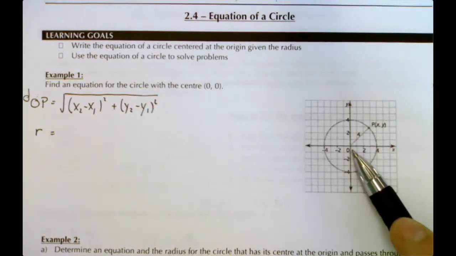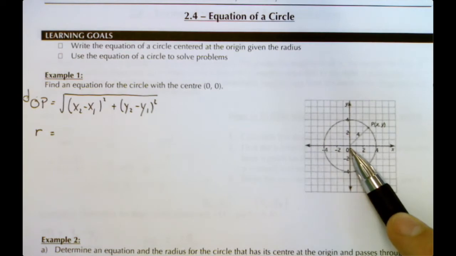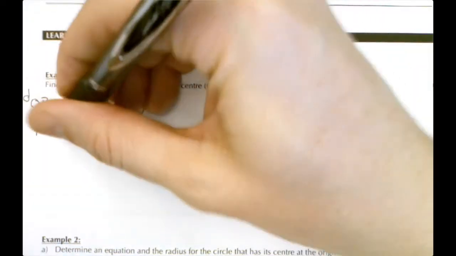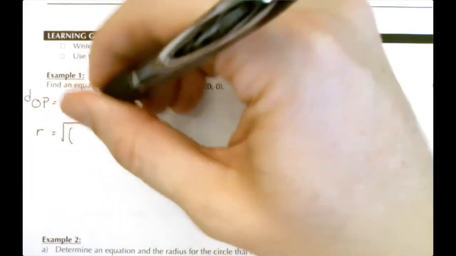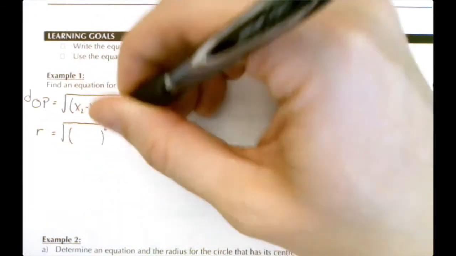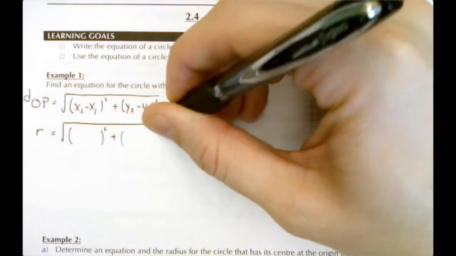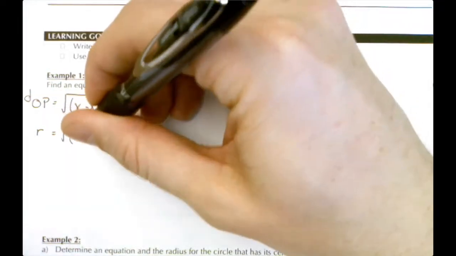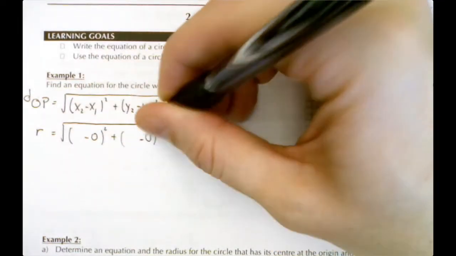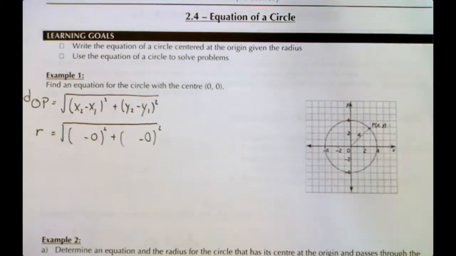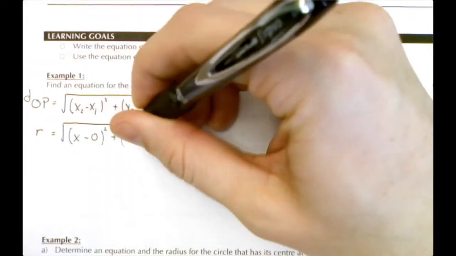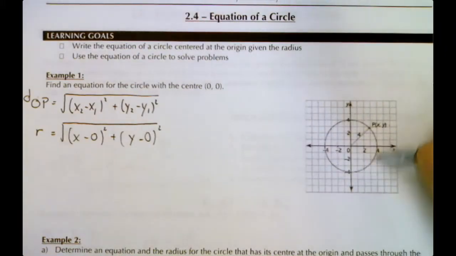Our first point is the origin, and it has the coordinates 0, 0. So if we're filling in our equation, our first point is 0, 0. Our second point is just x and y, because it can be any point on the circle.